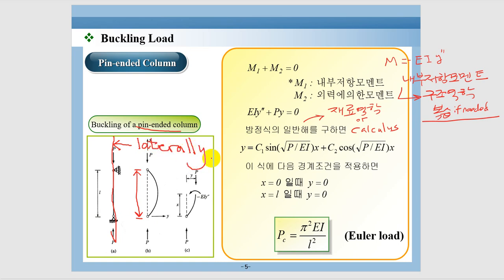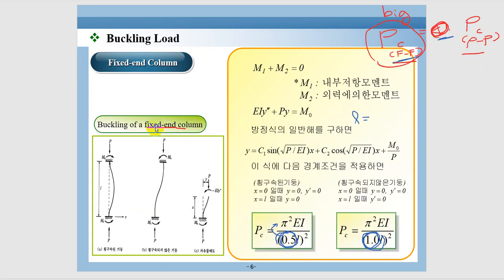We call this column laterally braced, for both pin and fixed. But later we're going to see the column which is not laterally braced, something like that.